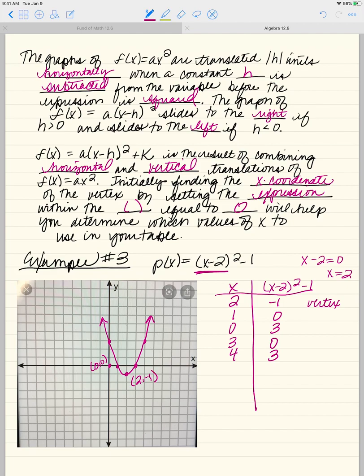So we have translated 2 units to the right, which, as up above in the first paragraph, we said the graph will slide to the right if h is greater than 0, and slides to the left if h is less than 0. So we've gone 2 units to the right, and then we've gone 1 unit down from (0, 0). That's the vertical translation. That's what we were looking at yesterday.